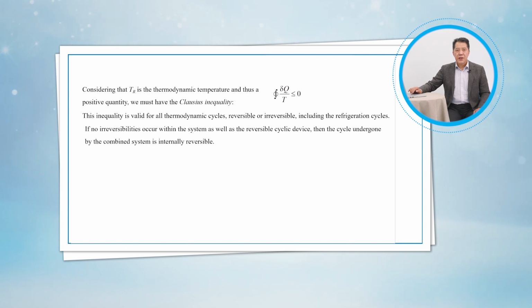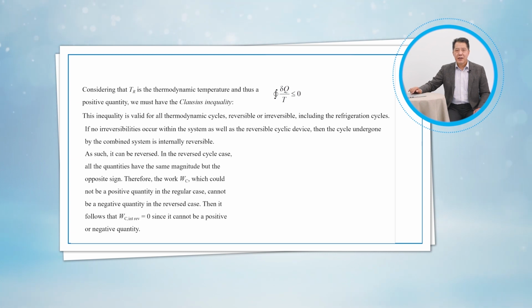If no irreversibility occurs within the system as well as the reversible cyclic device, then the cycle undergone by the combined system is internally reversible. As such, it can be reversed.